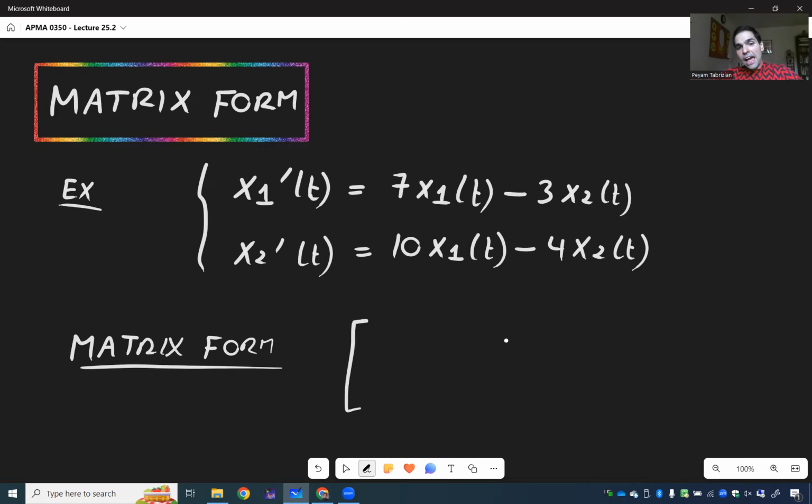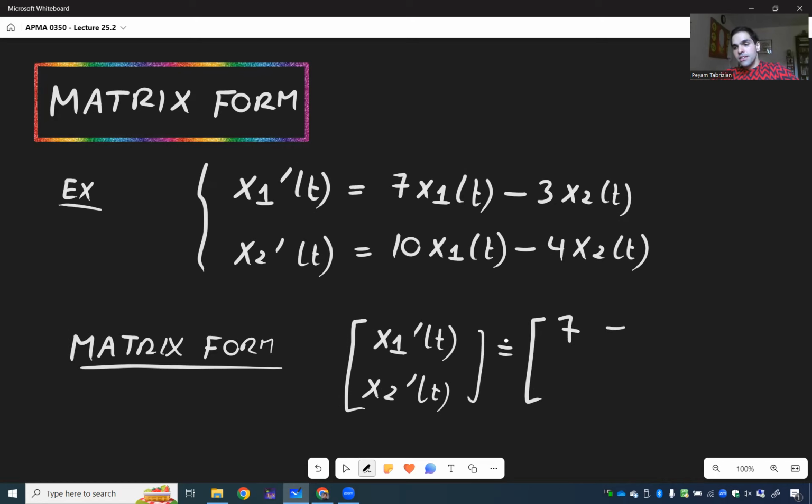So on the one hand, we have x1 prime and x2 prime, a vector here, the table or matrix of coefficients, 7 minus 3, 10 minus 4, and x1 of t, x2 of t.